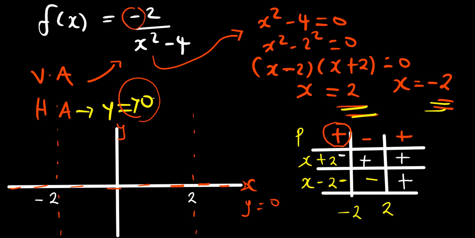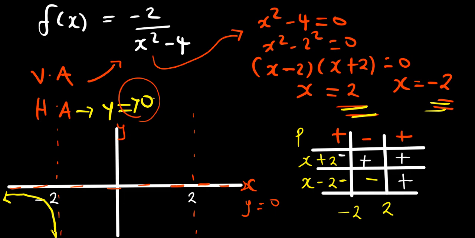So what are you going to have? A negative, right? So your function will go in this direction, in the negative. You want those values which are on the negative axis. So it will move like that, but it will not touch the vertical asymptote. This is how it's going to move.